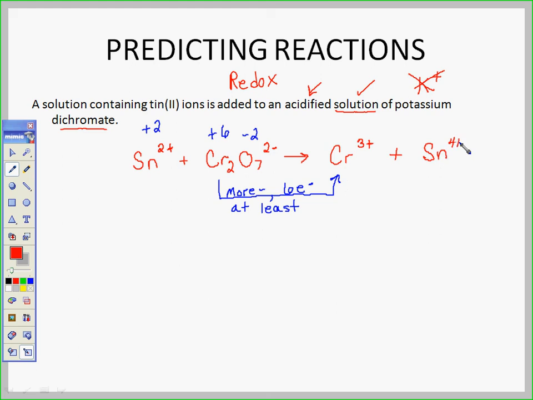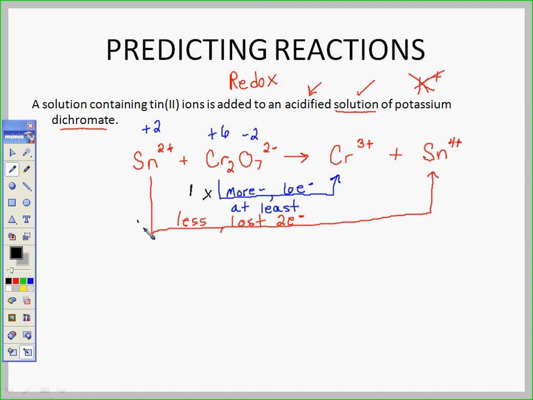You should know the common oxidation states of tin, or you should be able to figure them out on the periodic table as well. And so tin was oxidized, it became less negative, and lost 2 electrons. And now what I want to do is balance my electrons. The lowest whole number ratio between 6 and 2 is 6.